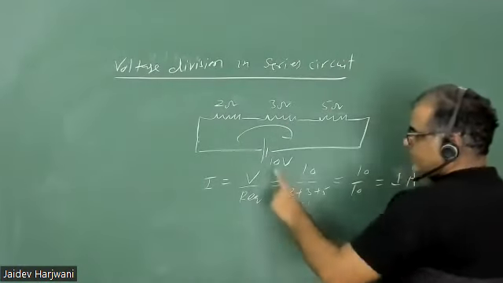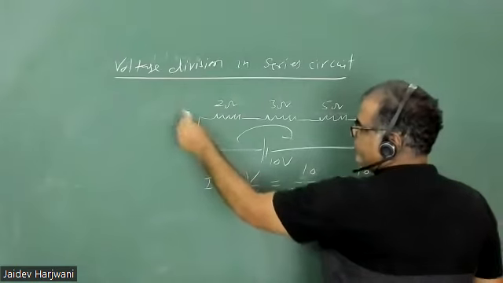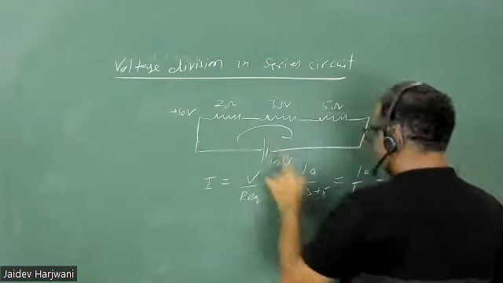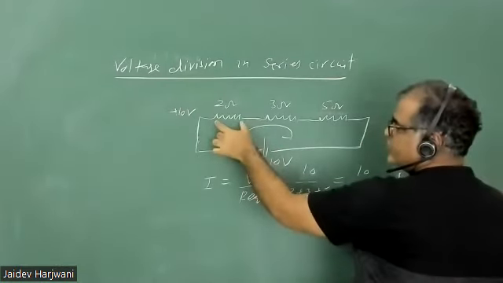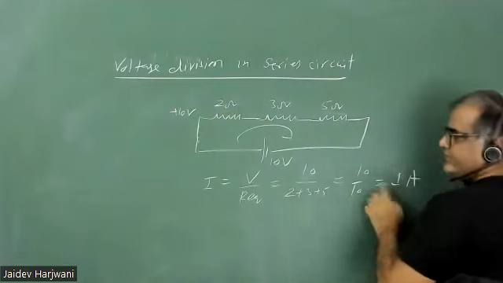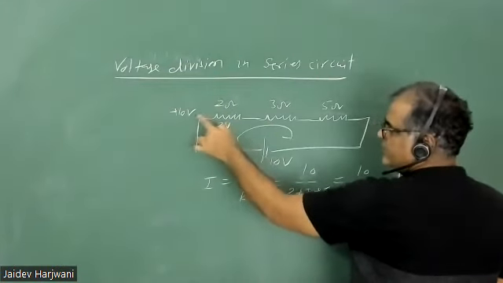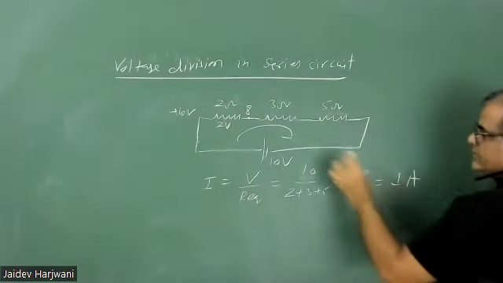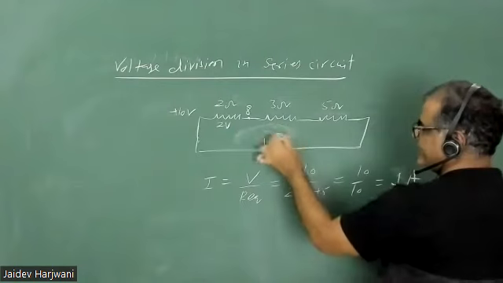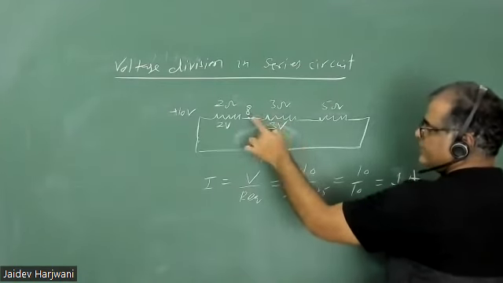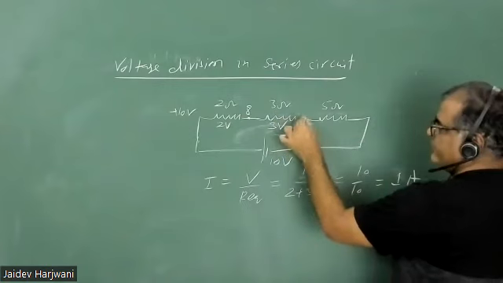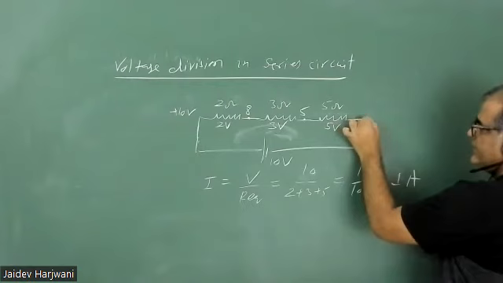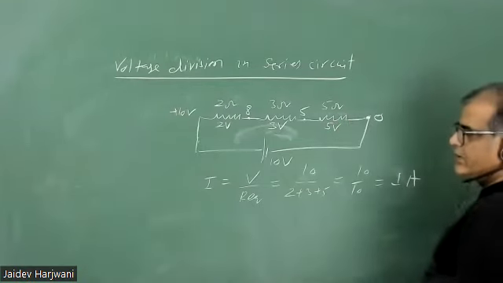Now here the voltage is 10 volt, connected to this battery. The current flowing is 1 ampere, so here there will be a voltage drop of 2 into 1, 2 volts, and the remaining 8 will come here. Now again, 3 into 1 current, 3 volts will be dropped here, remaining 5 come here, and 5 into 1, 5 volts will be dropped here, remaining 0. Are you getting this one?